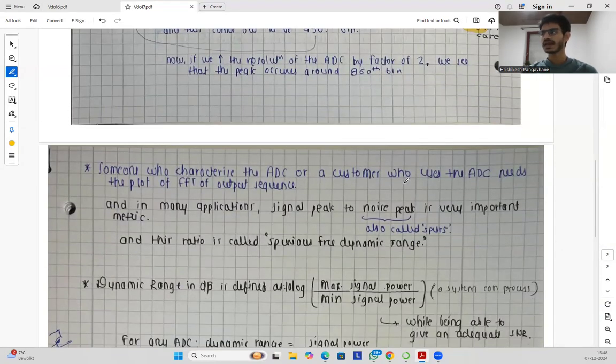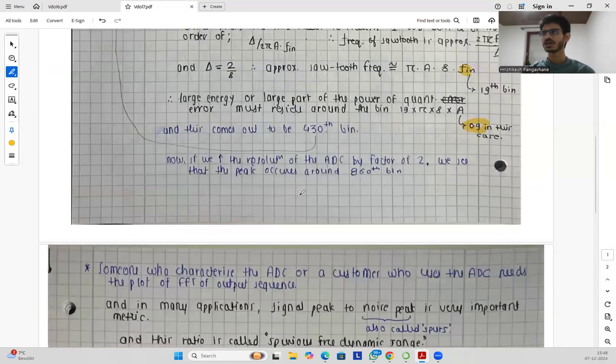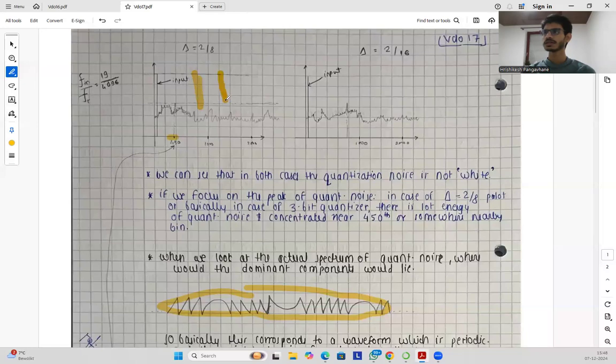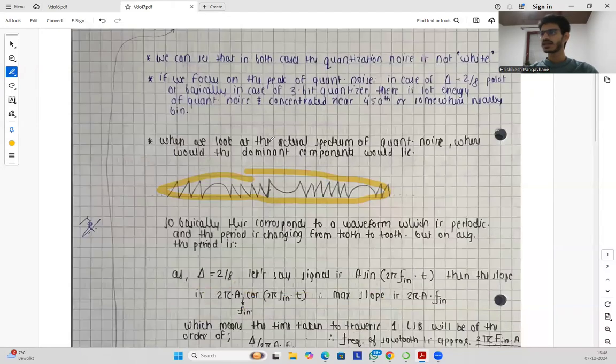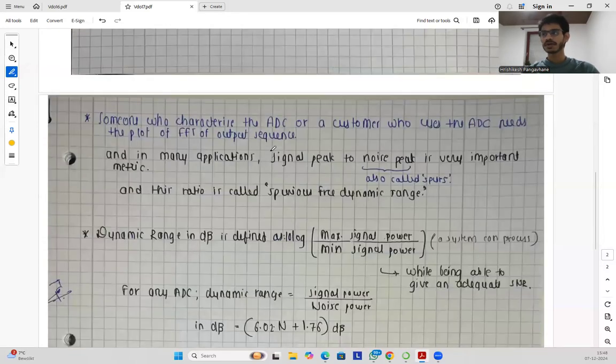The noise peak is also called spurs, and this ratio is called spurious free dynamic range. This is an important metric in many applications.